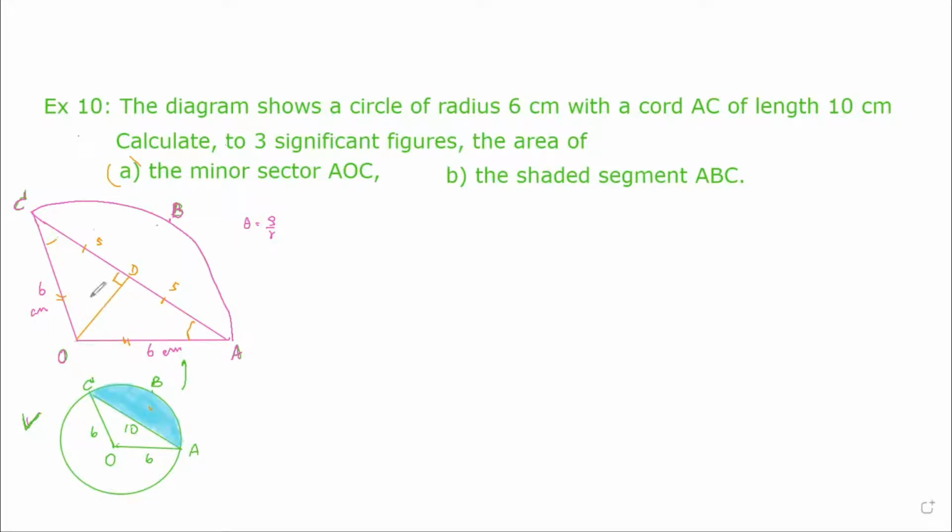If we want to find this, we need to know OD, right? Either way, we can find OD by using the Pythagoras theorem, or if we don't need this one, we can use the trigonometry ratio, right?